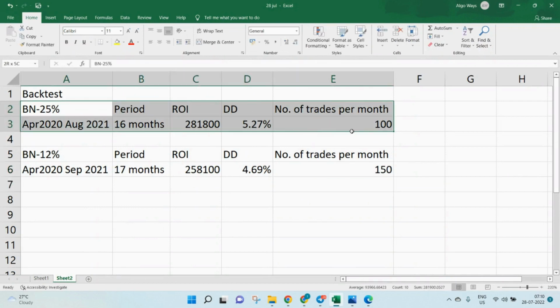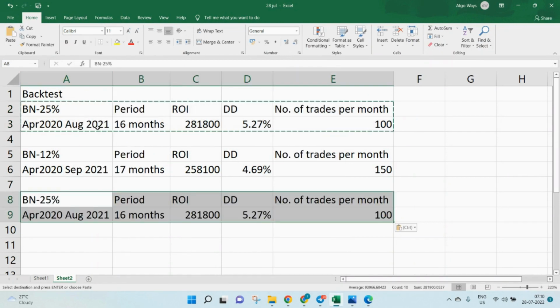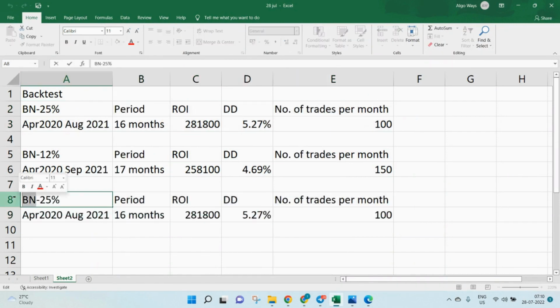Similarly, let us take Nifty also. I think I have it for this 12% scenario, October 21 to June 22 also.